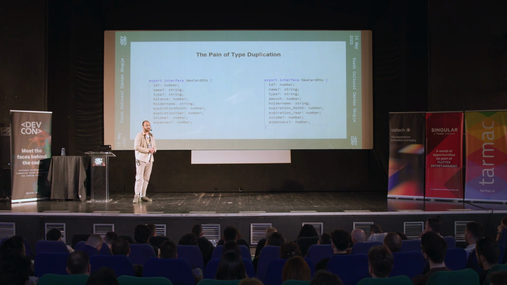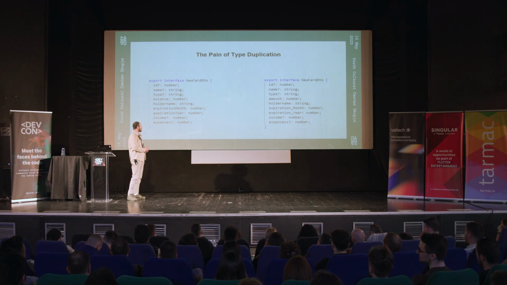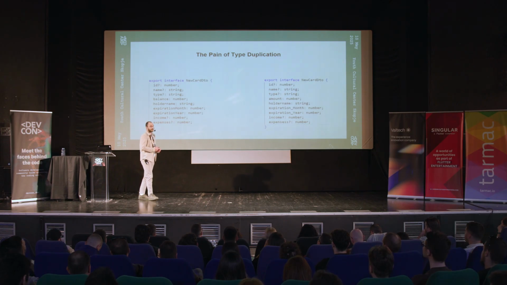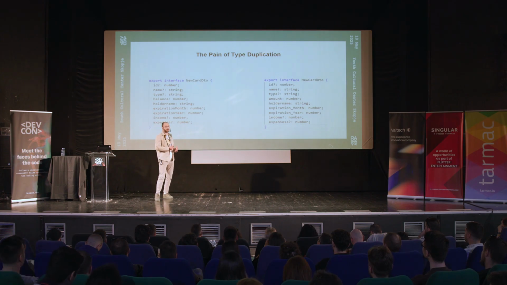there can often be some kind of mistakes, be it one of them has one S more than the other, the one has balance. The backend team thought that it would be a good idea to be amount and not balance.